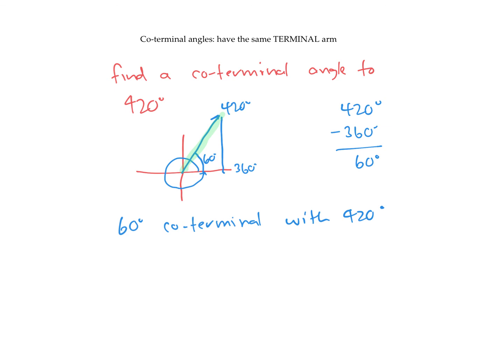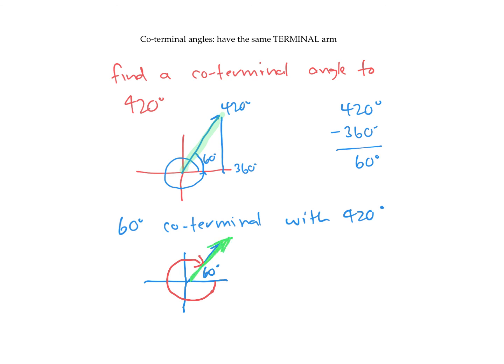You could also go in the clockwise direction, which is negative. So let's say we had this 60-degree angle. I could also go in the negative direction, which is clockwise, and end up in the same spot, have the same terminal arm. So what would that be?